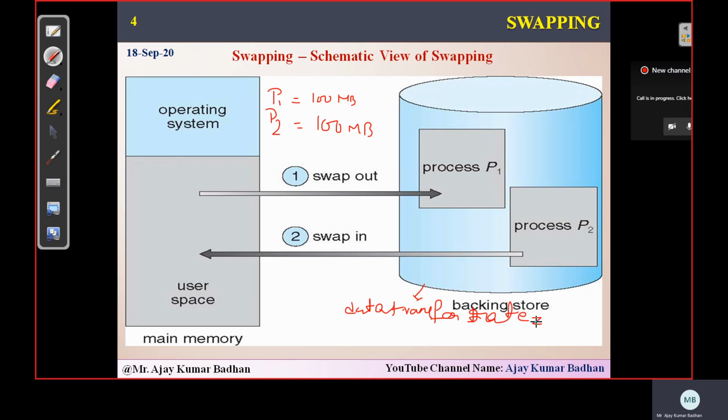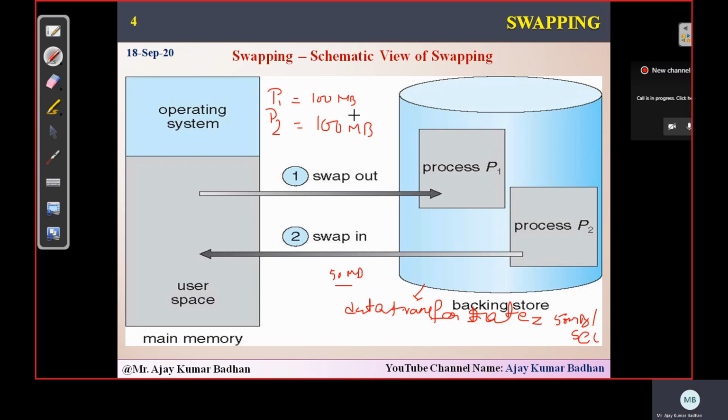So for this particular backing store, the data transfer rate is 50 MB per second. This means that whenever you are loading from your backing store to the main memory, it can transmit 50 MB of data per second. In the same way, for unloading, it can also do 50 MB of data per second.